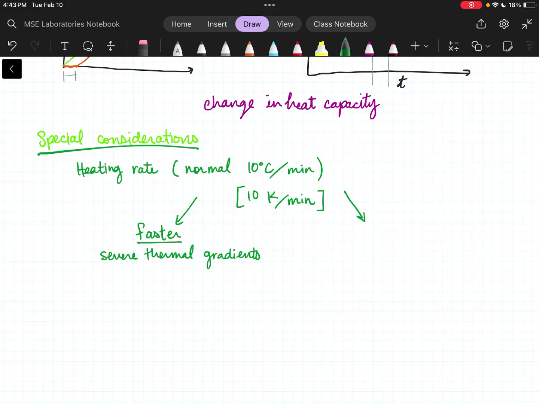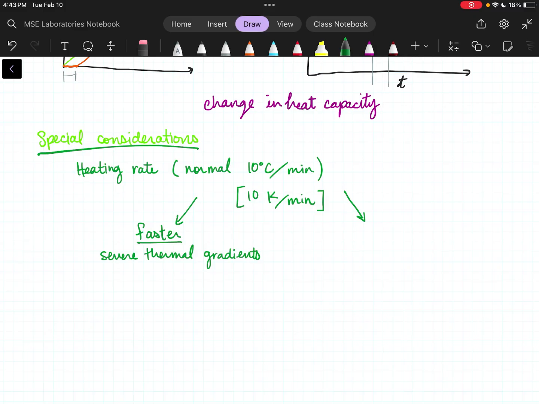Think about if you take an ice cube and plunk it in the oven really quickly. The middle of that ice cube is going to stay 0 Celsius for a long time while the outside melts. And it's going to look like the reaction is happening at a different time scale than it would if you were to just leave it at 1 degree Celsius. It's going to react very differently.